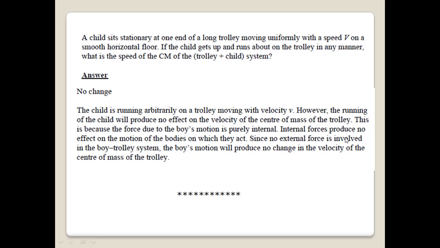Internal forces produce no effect on the motion of the bodies on which they act. Since no external force is involved in the boy trolley system, the boy's motion will produce no change in the velocity of the center of mass of the trolley. I hope you have understood.